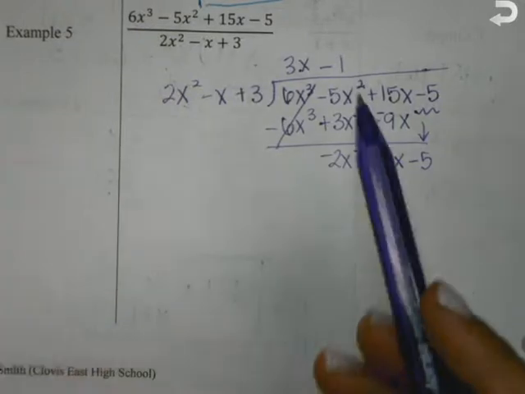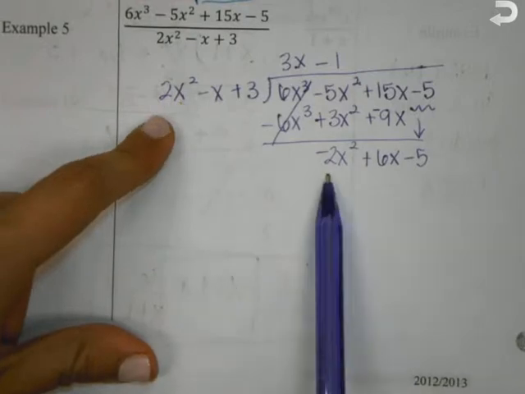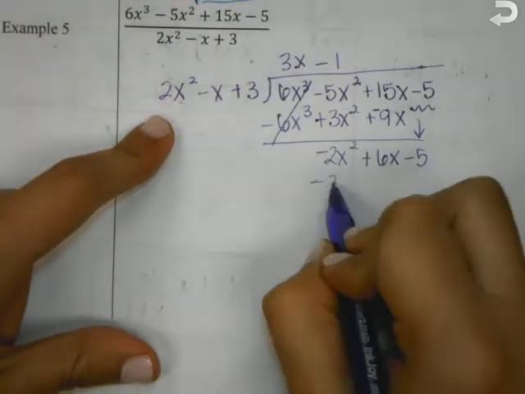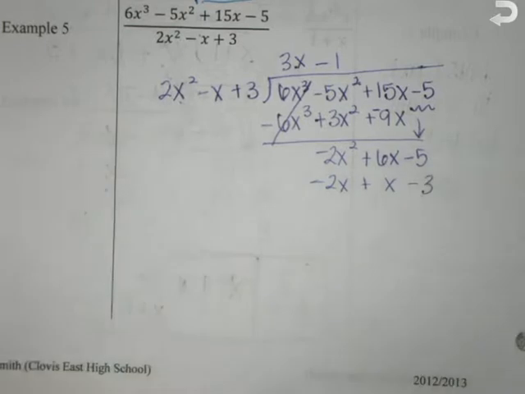So all I did was multiply right now. I changed the sign. So this becomes plus, minus, plus.